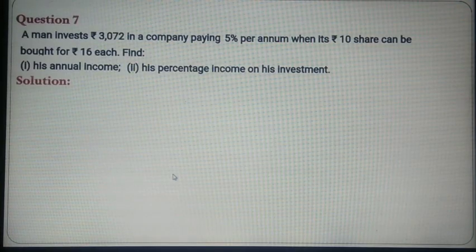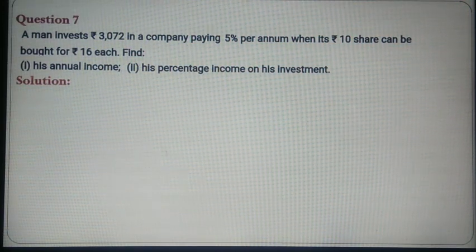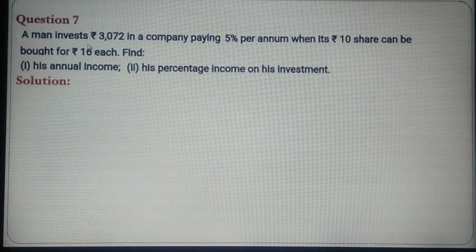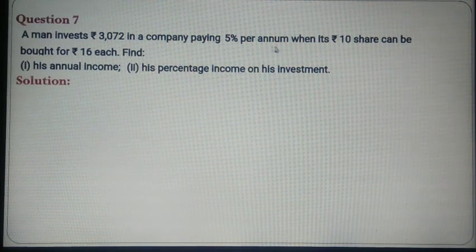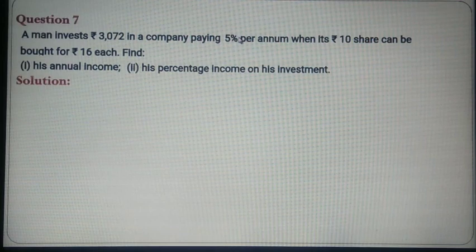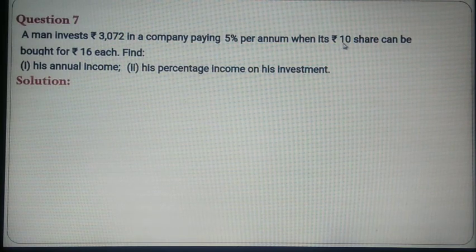Okay, so let's try understanding this question. So the question says a man invests this much rupees. So this is the total investment given in a company paying 5% per annum. That means this 5% is rate of dividend. Okay, when it's rupees 10 share.